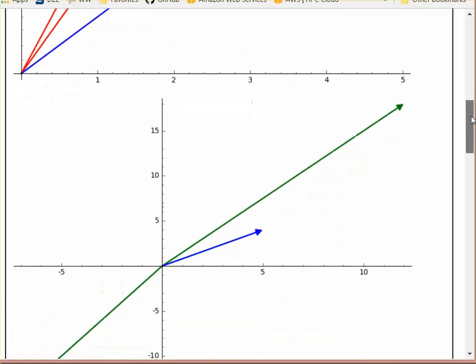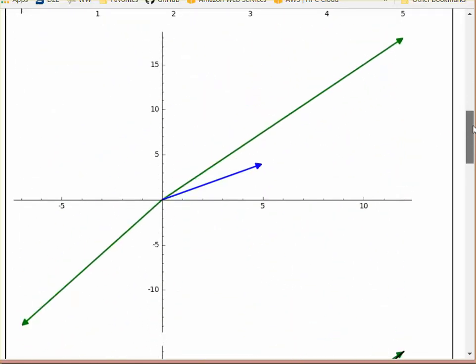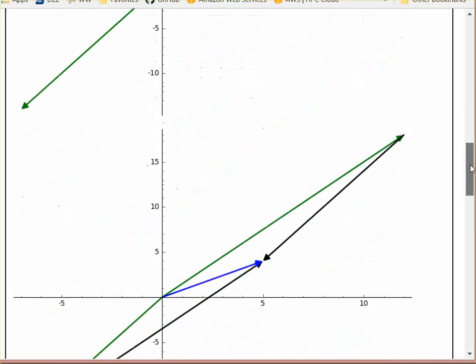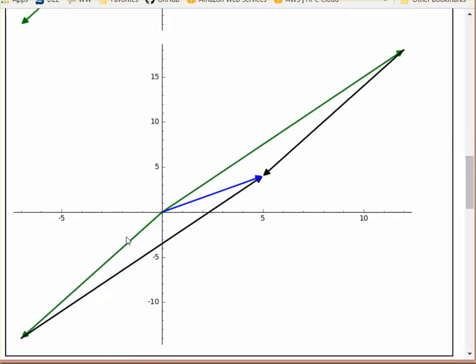So what are those scalars? We got this picture, and then if we put the legs of the parallelogram on here, there you go. So this was the vector 2, 3 that was multiplied by 6. This is the vector 1, 2 that was multiplied by minus 7. If I connect the legs of the parallelogram, you see that we do in fact get the parallelogram law, and 5, 4 is the diagonal of the combination of these two vectors.